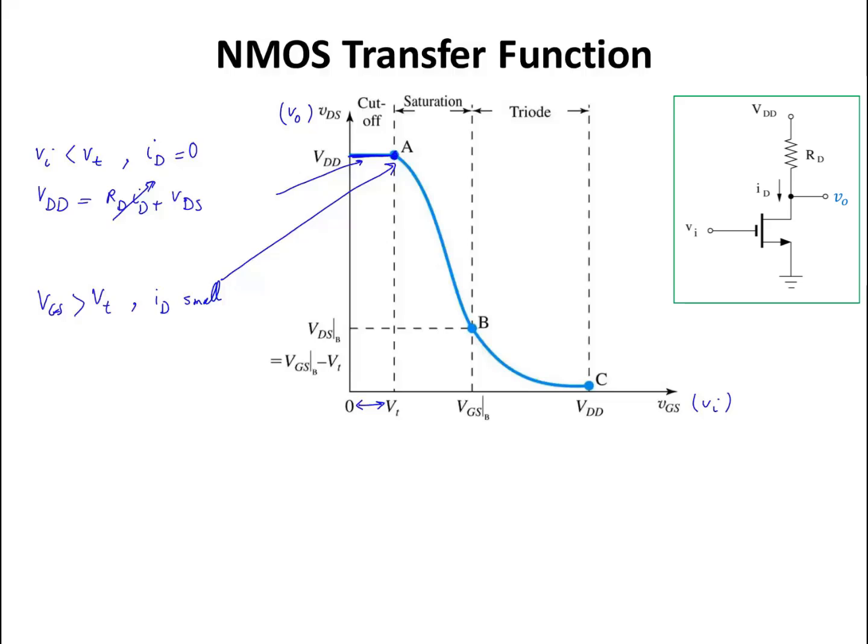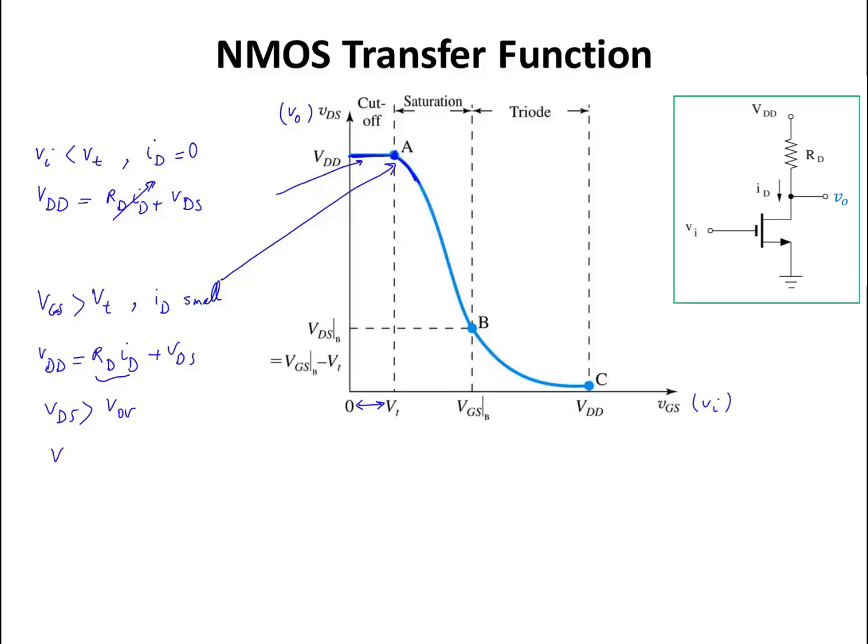If ID is small, again by looking at the drain to source KVL, I have VDS being a value close to VDD. VDS is a large number greater than overdrive voltage. This transistor operates in the saturation region.